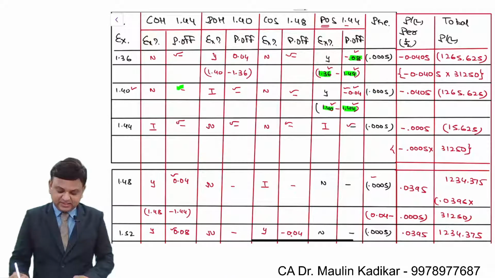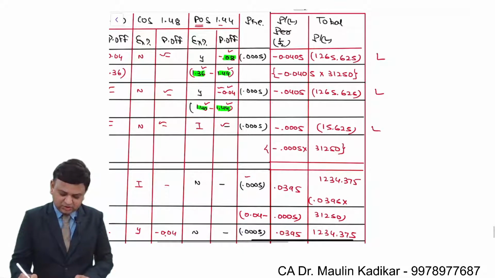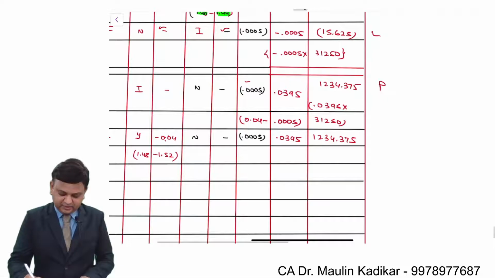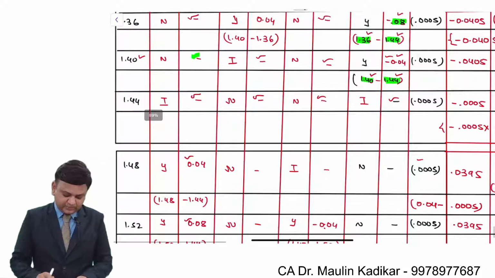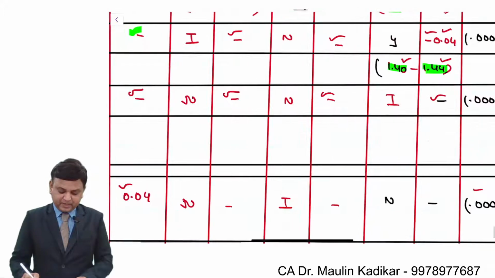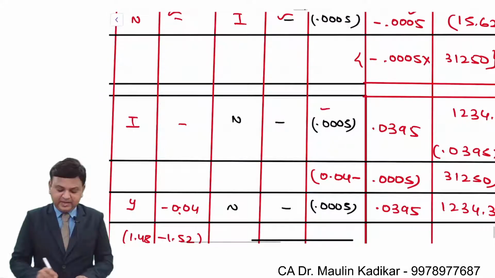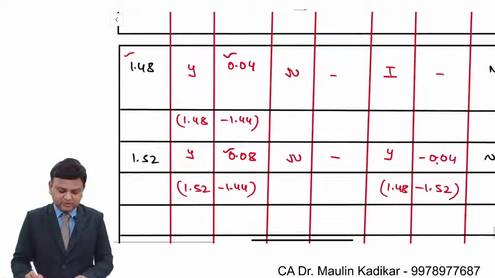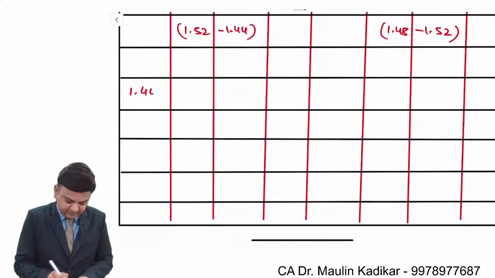Now we can see that there is a loss, loss, loss, profit, profit. Means the break-even point is lying between these two. That is 1.44 and 1.48. Whatever this amount, that is the final profit or loss, will be added to the spot exchange rate, because we always take the base of the lower one. So 1.44 plus 0.0005.